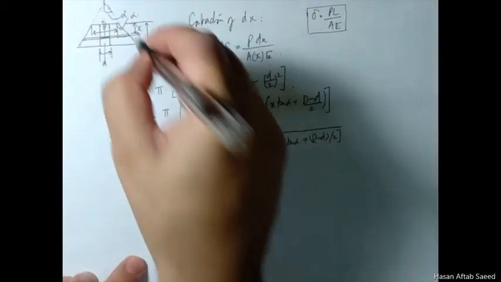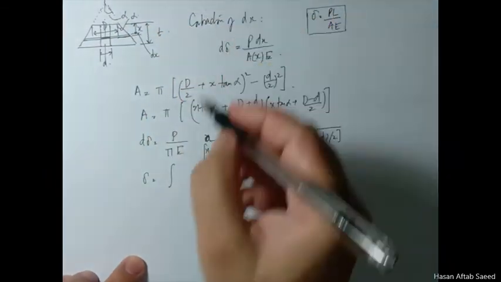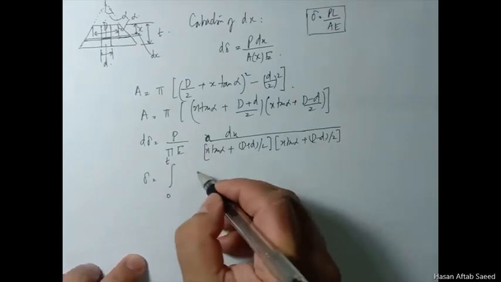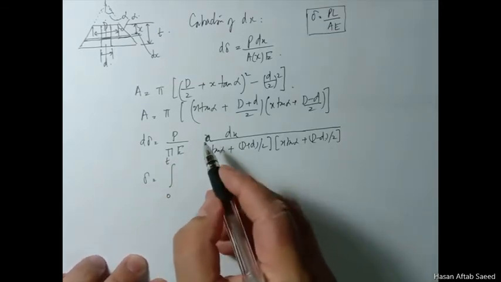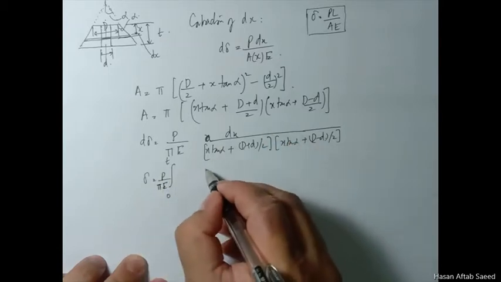Now we are interested not in d delta but in delta, so that's simply a matter of integrating this d delta, which was just for a thickness dx, from 0 to t. P, pi and E are constants, they come out, and the rest is the same.